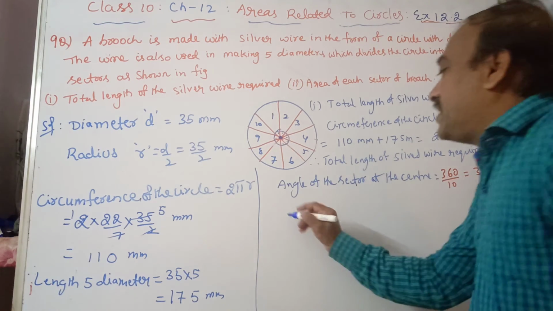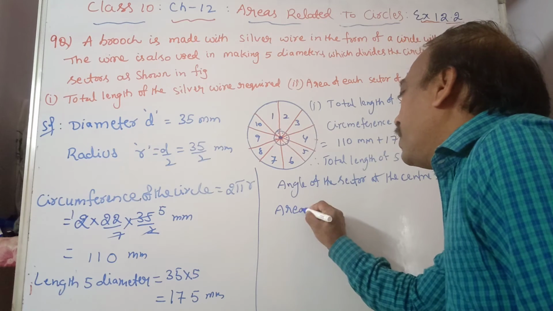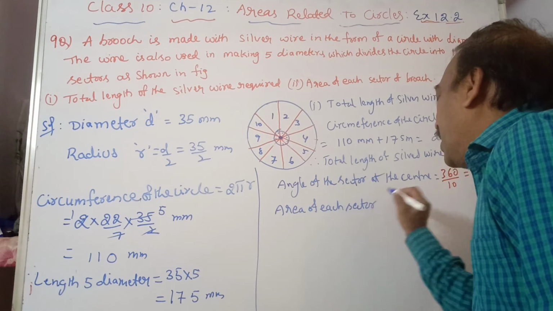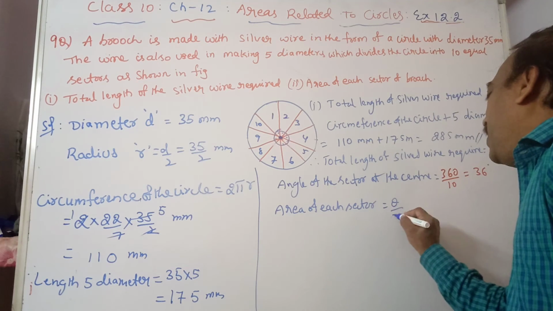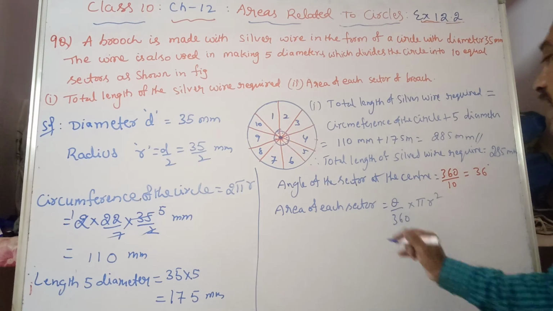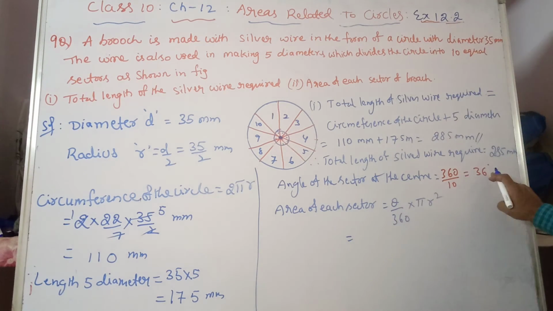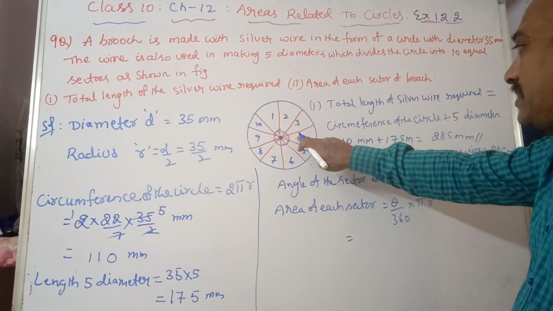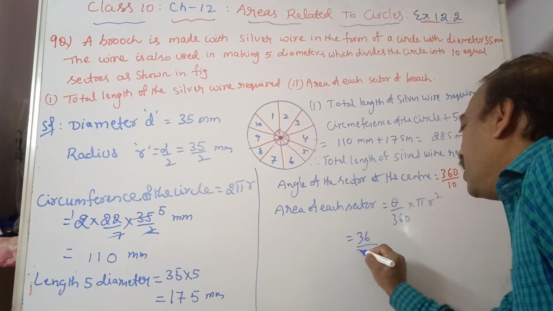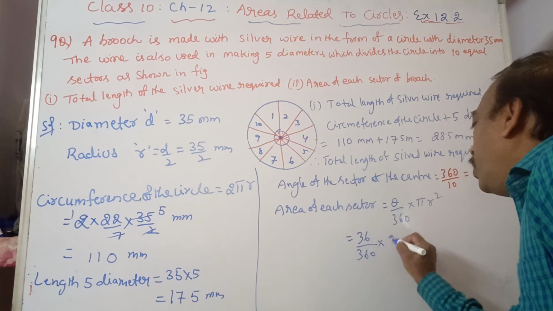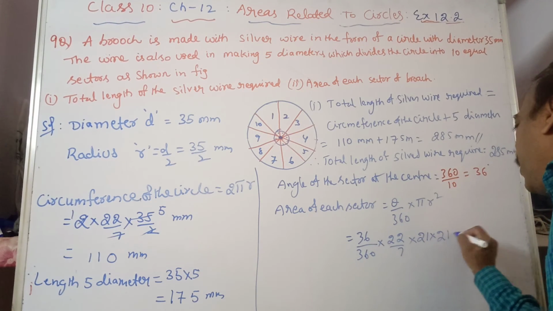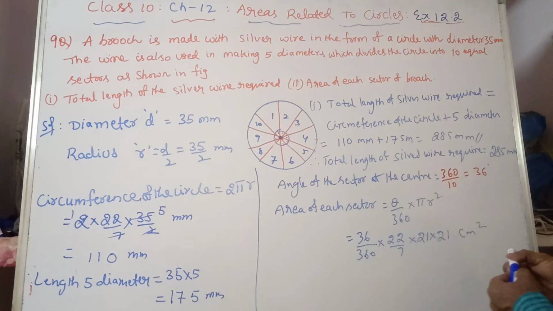Now area of each sector is equal to theta by 360 into pi r square, which we can write as, theta is 36 degrees, angle at the center. So 36 by 360 into 22 by 7 into 21 into 21 centimeter square.